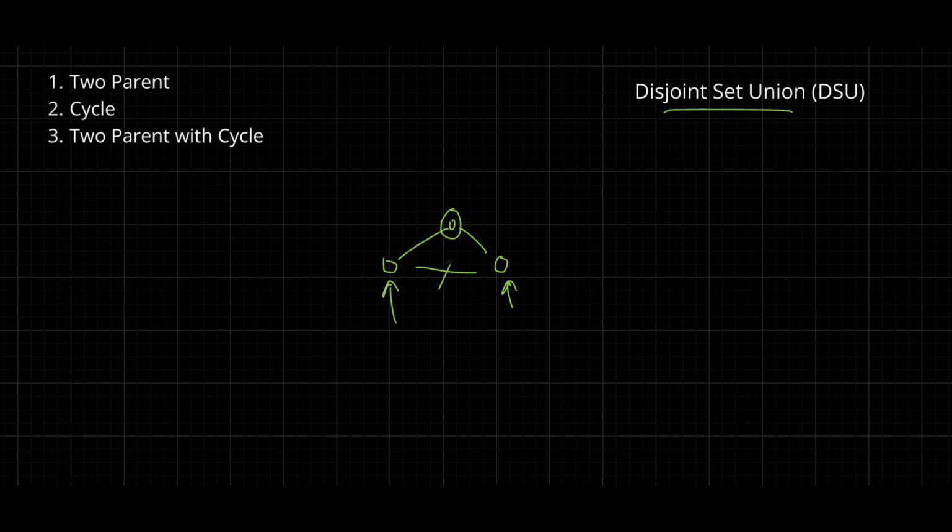Hence, we have to remove this edge. But in this problem, as this is a directed graph problem, if we add a particular edge into the directed graph, there can be three scenarios. One is that a node can have two parents, or there exists a cycle, or there exist both, which is two parents with a cycle. Now, let's examine the problem one by one.